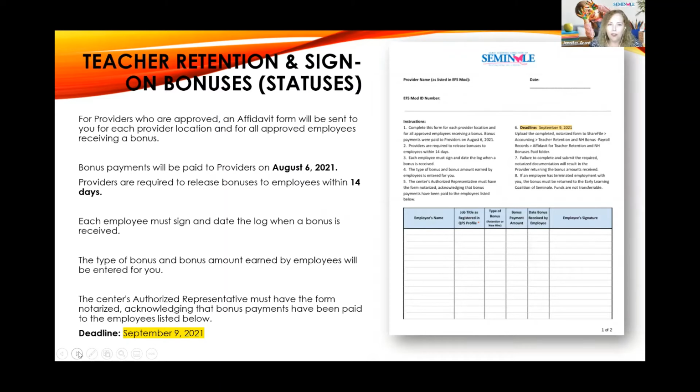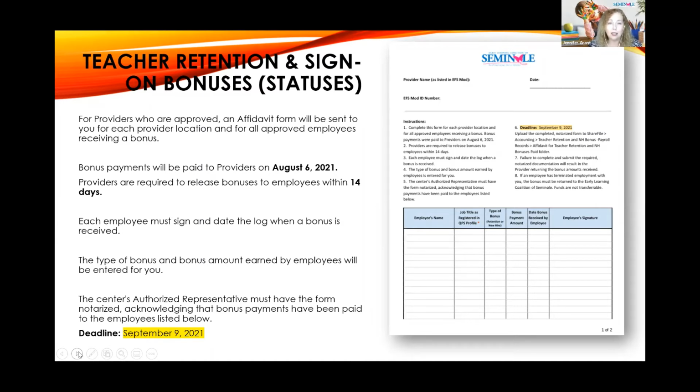So I know all of you are waiting for this. Hopefully everyone on this call has applied for our teacher retention and sign-on bonuses. These funds, thanks to some of our team members working about 24 hours a day over the last couple of months, have approved the teachers. And anyone that was in QPS, so I want to make sure that everybody understands this. These are quality funds that we use to get some money to your teachers and those that impacted the quality in your classroom.